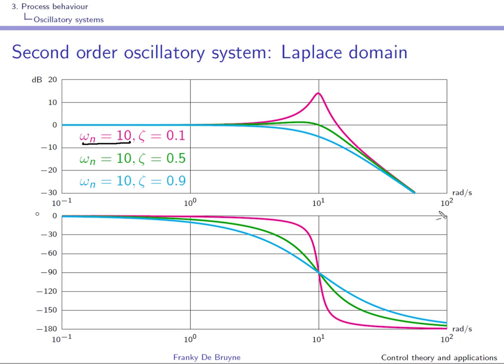And well, the gain is decreasing here with a slope of minus 40 dBs per decade. At the natural frequency, so at 10 radians per second, you can see that the phase shift is indeed minus 90 degrees, and this holds for every zeta, but you can see that for a decreasing zeta here, well, you have a higher and higher amplification at this natural frequency.